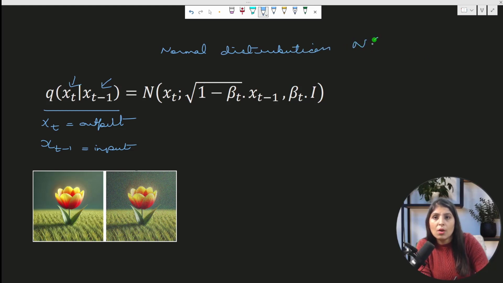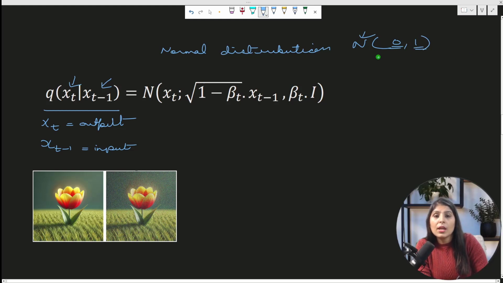This is how we write a normal distribution: the notation is N(0, 1). This is the mean value and this is the standard deviation. So we want to add random noise with a mean of 0 and a standard deviation of 1.